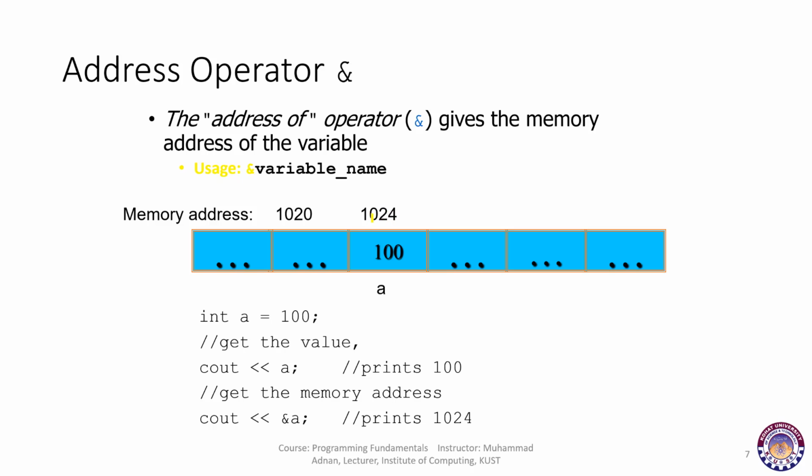If you want to print the address 1024, you first declare this variable and assign it some value. If you want to get the value, you simply write cout a, so it will print 100. But if you want to get the memory address, you write cout, then the ampersand sign or address of operator, and then a, so it will print the address, which is 1024.